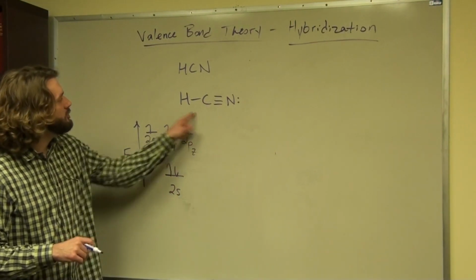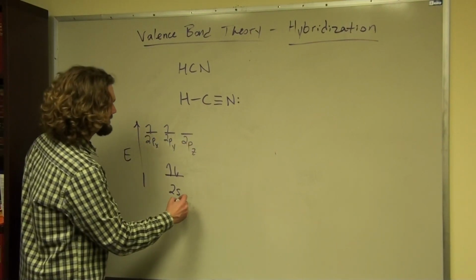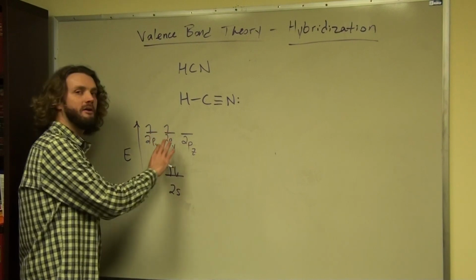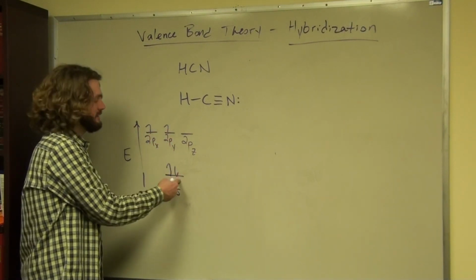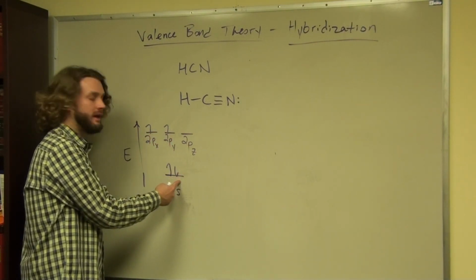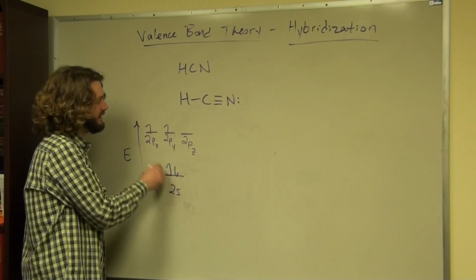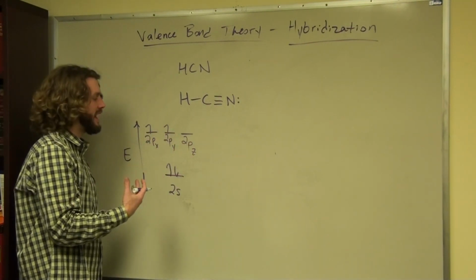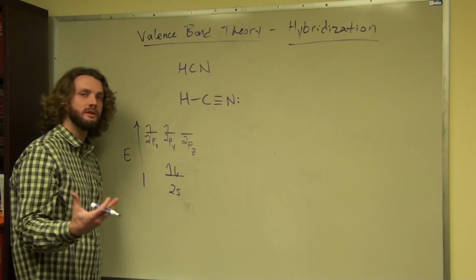Okay, so again, I know I have 2 domains, so that means 2 of these are going to need to mix. But remember, I've got to think about what will happen to this 2s electron. I need electrons in all 4 of these to rationalize what's going to happen, so I'm going to go through promotion, in other words.